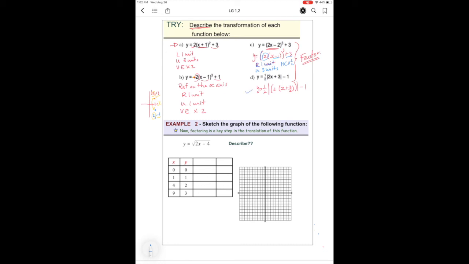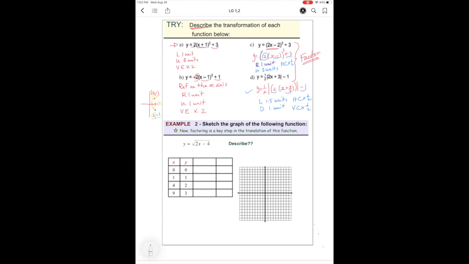Okay, this guy down here, it's going left 1.5 units. It's going down 1 unit. This guy is inside the bracket, so it is horizontal compression by a half. Don't forget to reciprocate. And this guy is a vertical compression by a half.